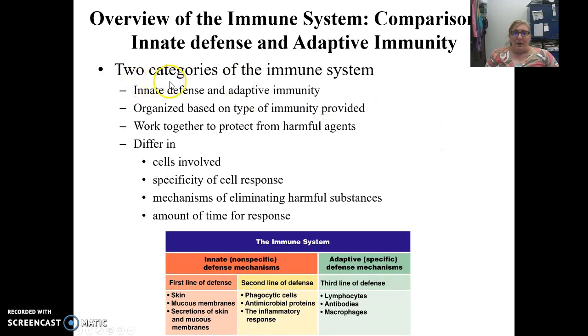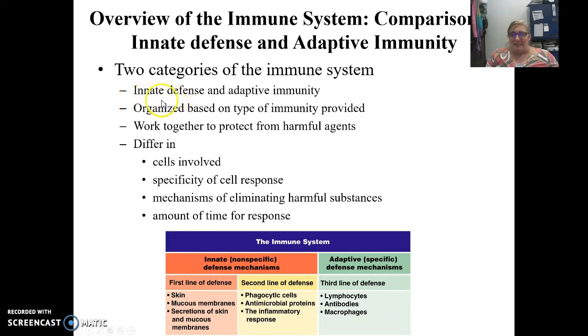There are two major groupings that we talk about in our immune system. We have our innate defense mechanisms, and then we have our specific or adaptive immune system. In your text, it talks about innate immunity and adaptive immunity. The thing about innate immunity, it's not really immune because you can get it over and over again.